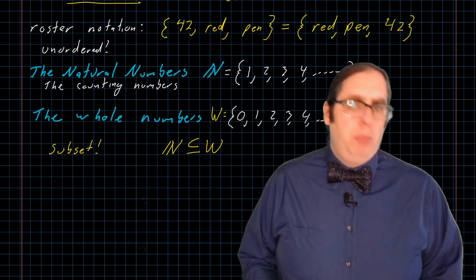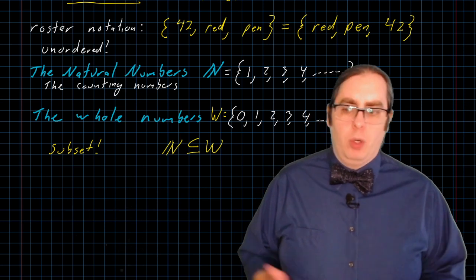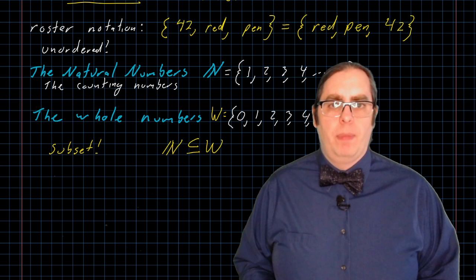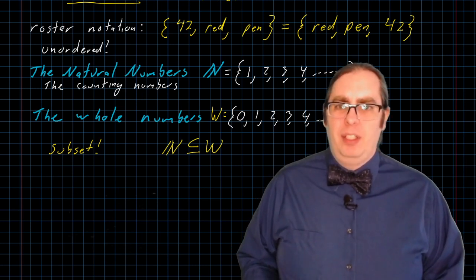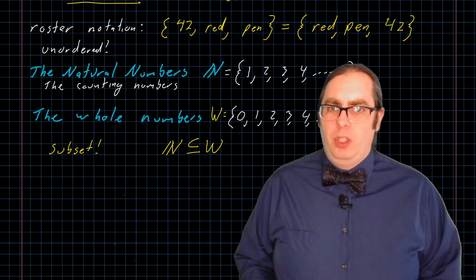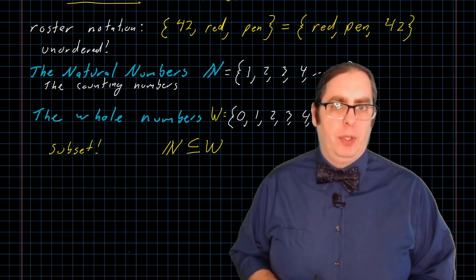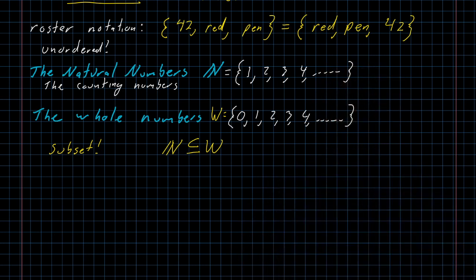Subtraction works most of the time. If you have 7 minus 3, you get 4, which is within the whole numbers, no issues whatsoever. If you try to subtract the other way, 3 minus 7, that doesn't work.